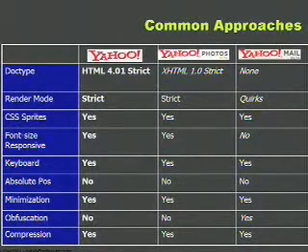So here's some of the things that are more or less in common. The ones in bold are the ones that are our recommendations, even if there's some variance among the others. So we always write HTML 4.01 strict for our doc type, which throws us into strict rendering mode instead of Quirks mode in the browser.